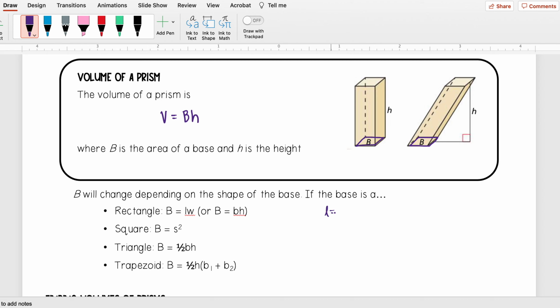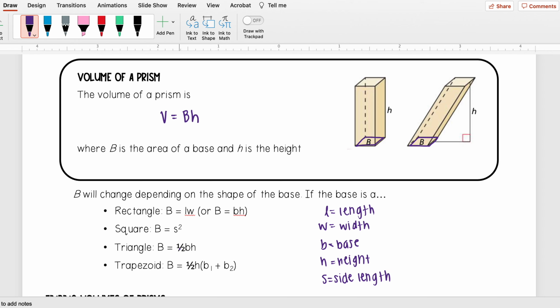So L equals length, W equals width, B equals base, H equals height. For a square, you would just do S squared, where S equals side length.